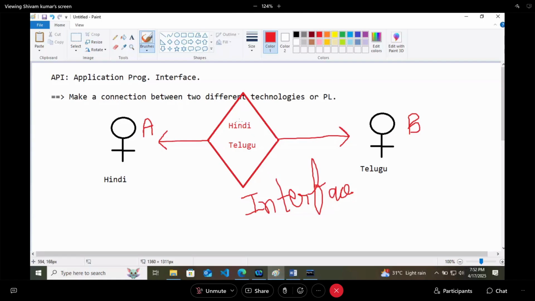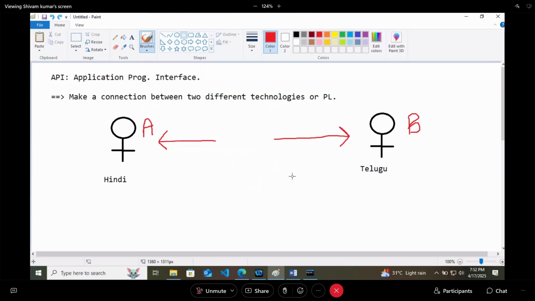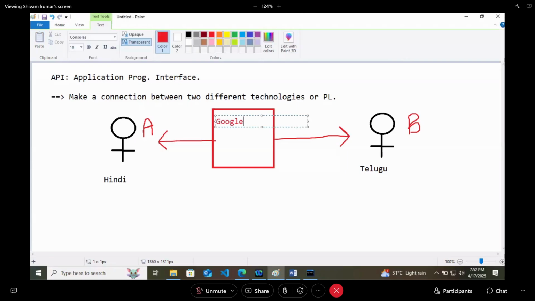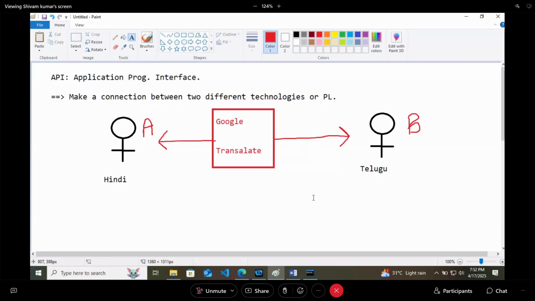Now, nowadays technology is so high that we don't need any human being, right? We can use one service provided by Google, that is Google Translate. For medium kind of communication, we can trust Google Translate. But don't trust Google Translate everywhere because a lot of things are wrong there. Personal experience.